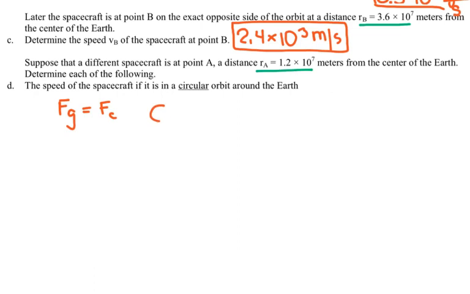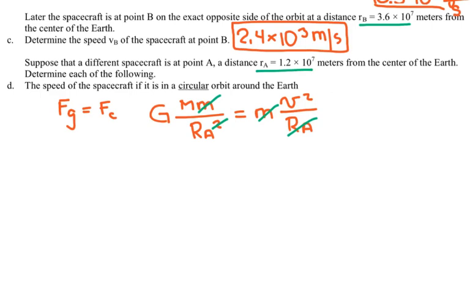The force of gravity is G M m over r squared, equal to the centripetal force, which is m v squared over rA. So in this case, I can cancel m and m and one of the rA's.